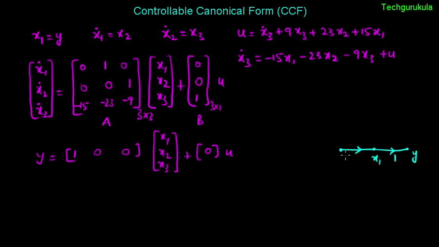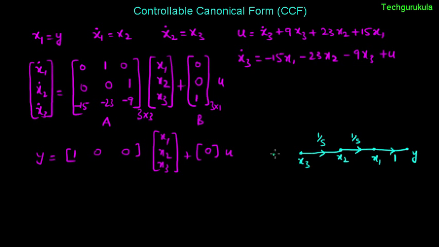So if we integrate x2, we get x1, and I'm putting an integrator whose transfer function is 1 over s. Similarly, if I take x2 dot and integrate, I get x2. This x2 dot is nothing but x3, so I'm putting x3 here.